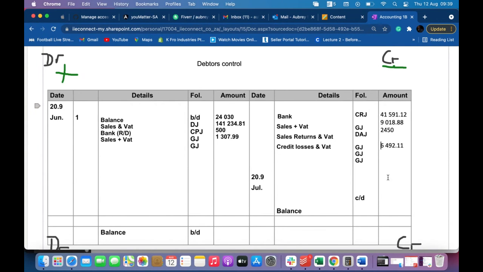Then the next one, interest charged on a debtor's overdue account. So that is obviously interest income. Just come over here and we write it in. That was for 350.59.